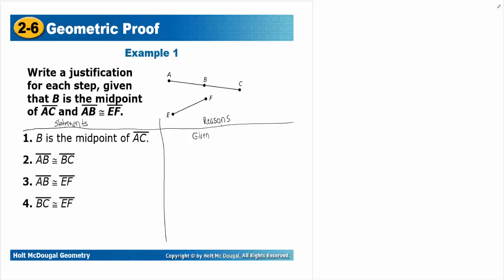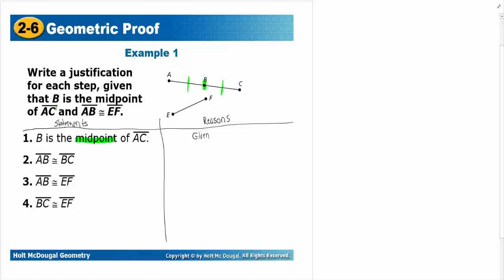Okay, so what you're going to do is you're going to use some deductive reasoning. Say, okay, well I just wrote that B is the midpoint of AC. So based off of that, what do you know about midpoint? Well, if I know that B is my midpoint, then I know that those two segments must be congruent. I even got ahead of myself because we had another given statement, didn't we?